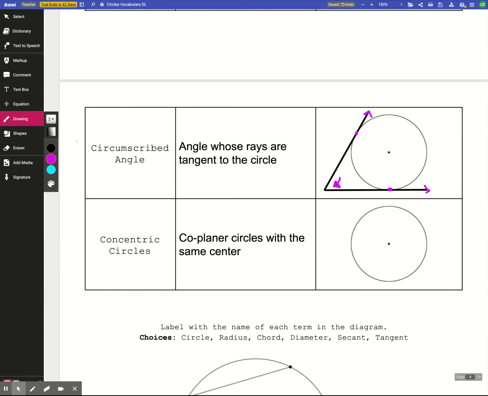And then my very last thing here is concentric circles. Concentric just means circles that have the same center. I'm trying to get this so that it's right on that center right there. So think of it almost like a bullseye.